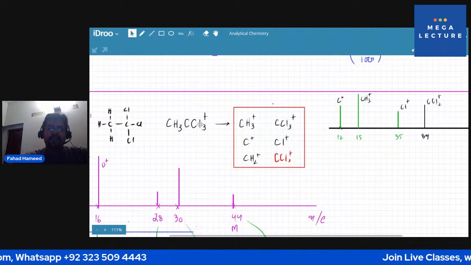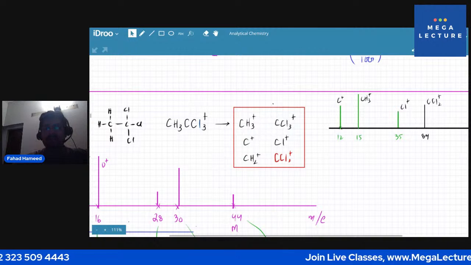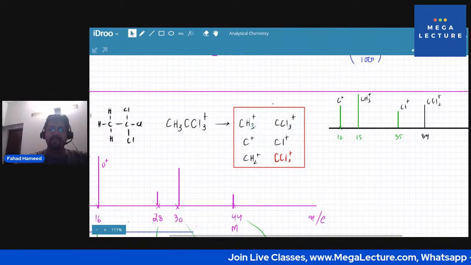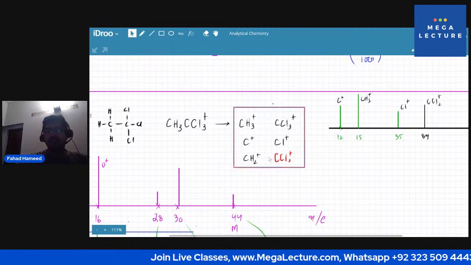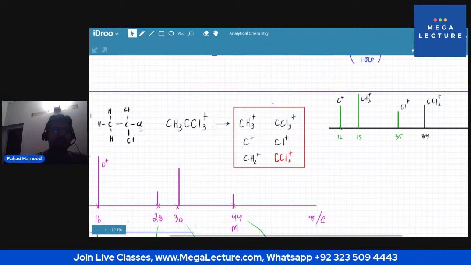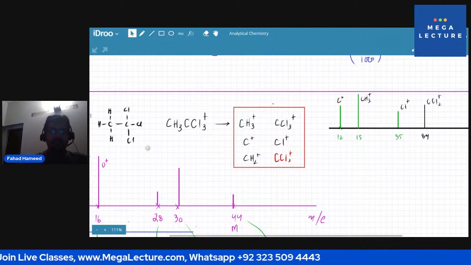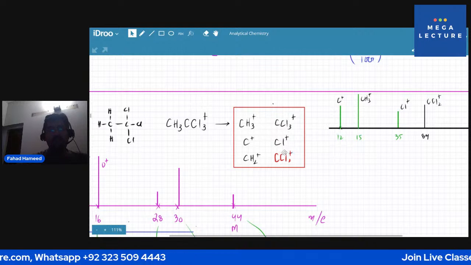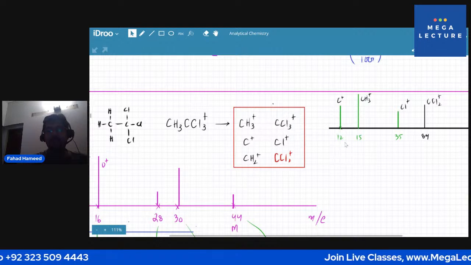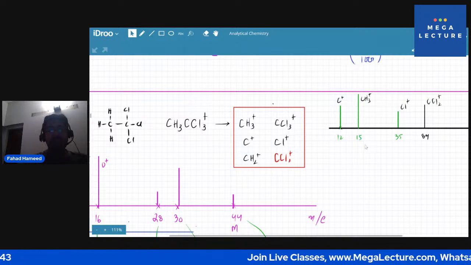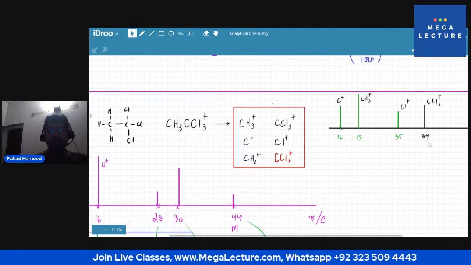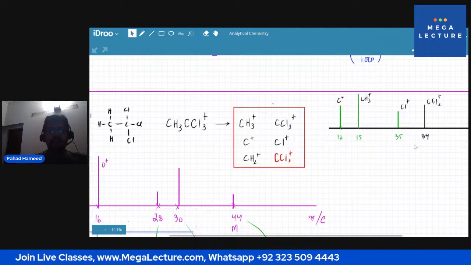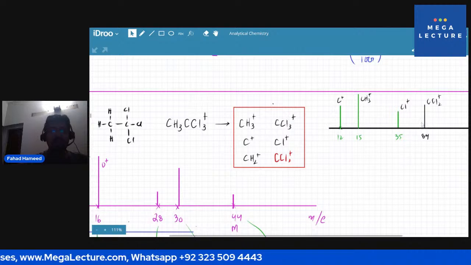The focus is now on these tiny fragments: CH3 plus, C plus, CH2 plus. All these tiny pieces of this bigger molecule are going to be detected at lower masses. Like carbon will be detected at 12, CCl2 will be detected at 84, and so at smaller masses, you're going to get all these smaller fragments.